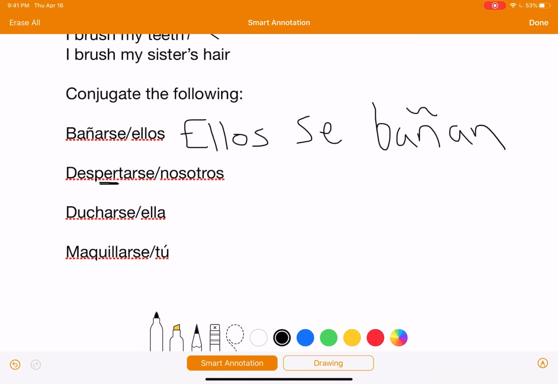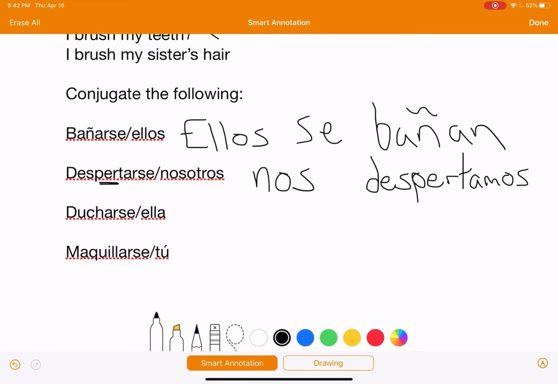Now in the nosotros form, do we use our stem changers? No. So I'm just going to leave it as despertamos. Then I just need to add in the appropriate reflexive pronoun, which is nos. Nosotros nos despertamos.